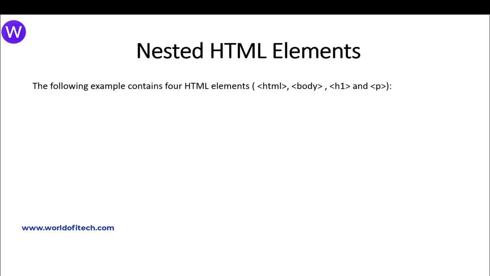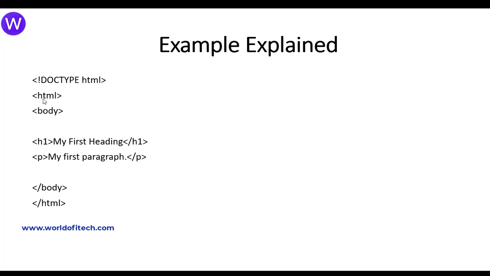The following example contains 4 HTML elements: html, body, h1, and p. Example explained. The html element is the root element and it defines the entire HTML document. It has a start tag, html, and an end tag, angle brackets, /html.